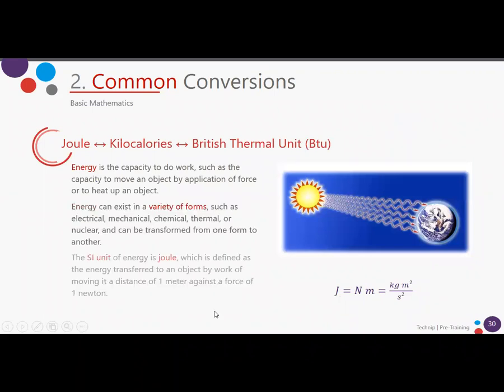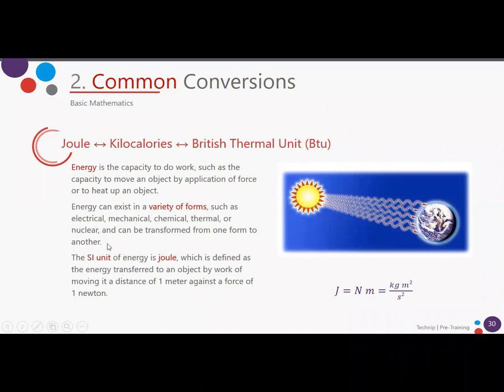Okay, conversion between joule, kilocalories, and British thermal units, also called BTU. A short refresher on what energy is. Energy is the capacity to do work, such as the capacity to move an object by application of force or to heat up an object.